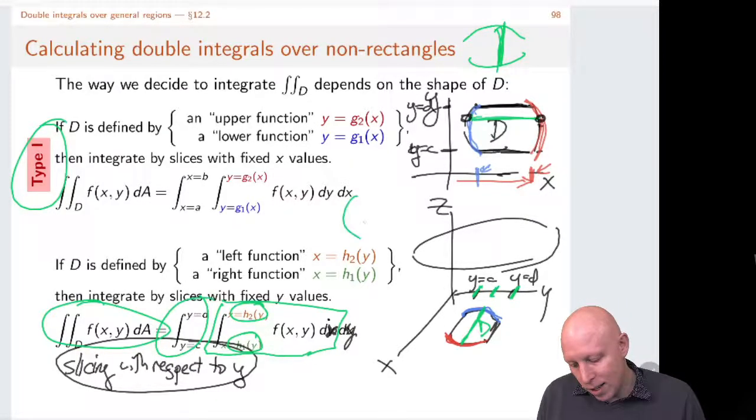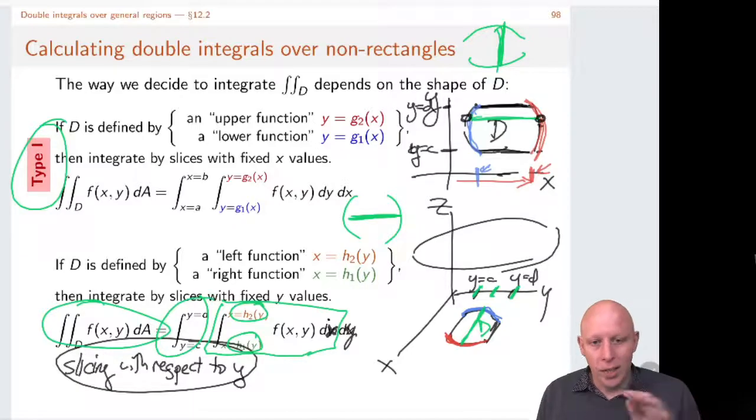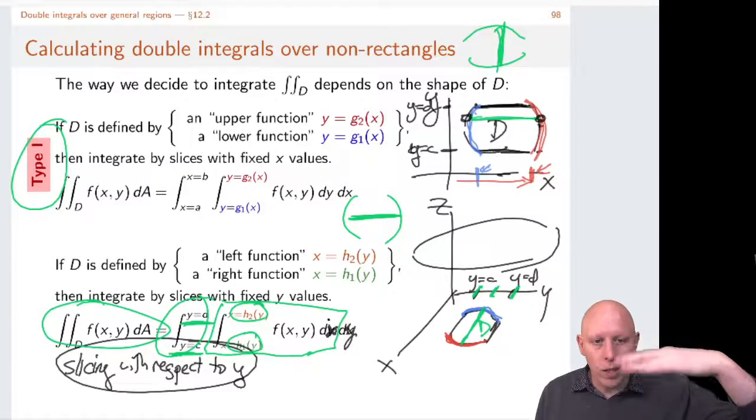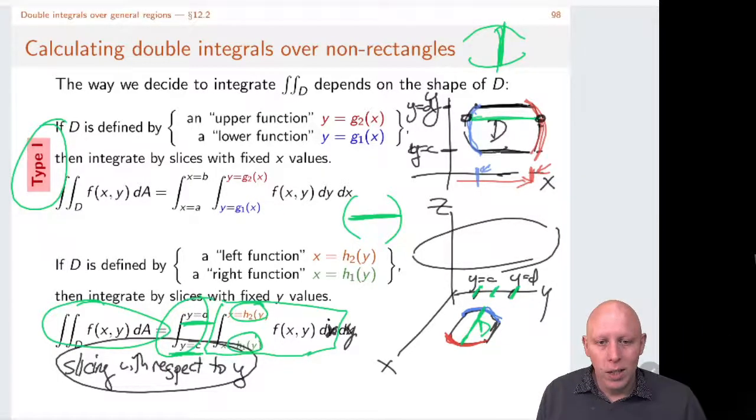If instead the slices look like they're better horizontal in the domain, then we will use this type 2 integral, where we set up our integral from where we start slicing to where we stop slicing, and then we look at what the upper bound and lower bound are for each of those slices. And so we look at the domain. If the domain is easier in one way than another, then we'll set up our integral that way.